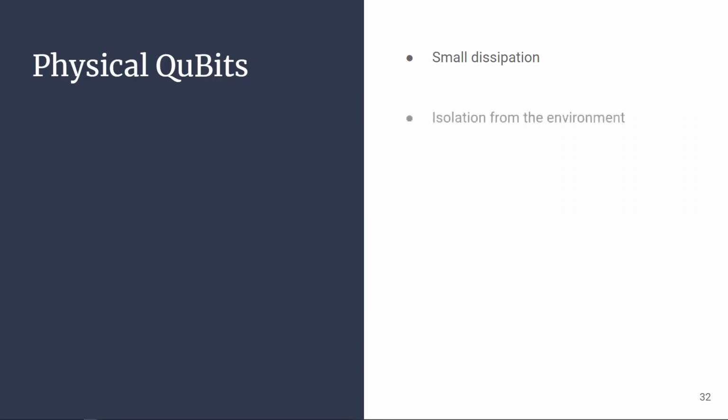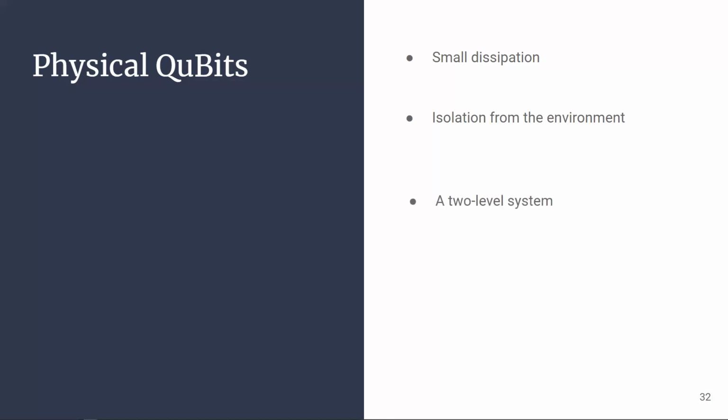So we have to have isolation from the environment, because if your system is interfering with the outside world, this could result in your system collapsing. And you need a two-level system.